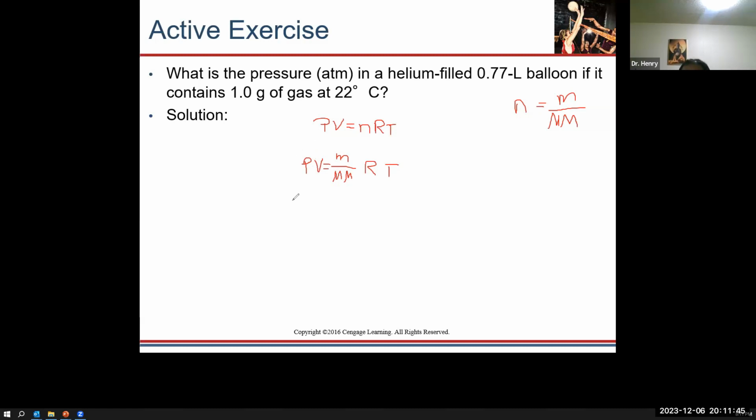So we want to solve for our P. So we get P is equal to mass over MM, and we're going to put volume down here too, times RT.